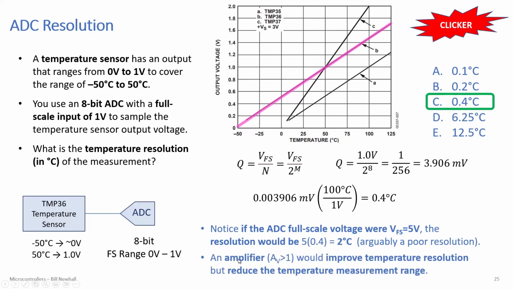Or you could use an amplifier to improve the temperature resolution, but you'd have a reduced temperature measurement range. So lots of ways to do this. Change the full scale range, add amplifiers, add voltage dividers just to get your ranges mapped over the span of the sensor value you want to cover.